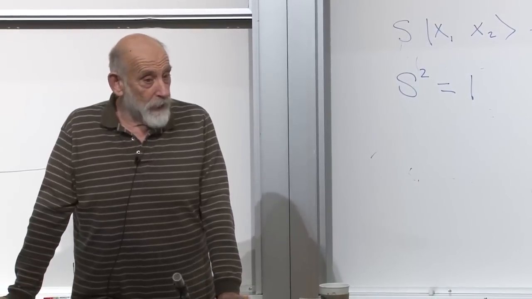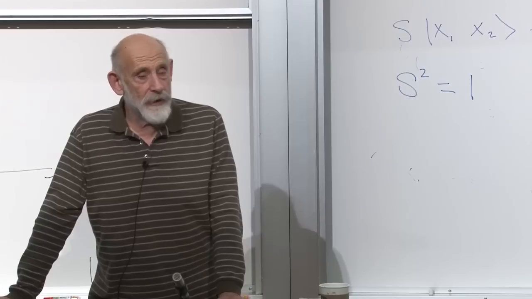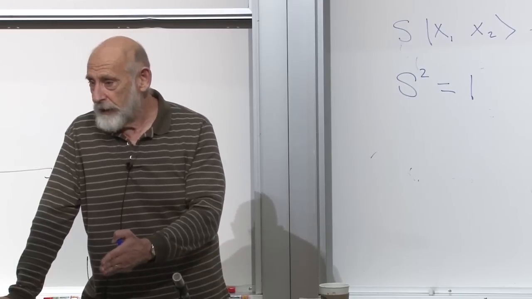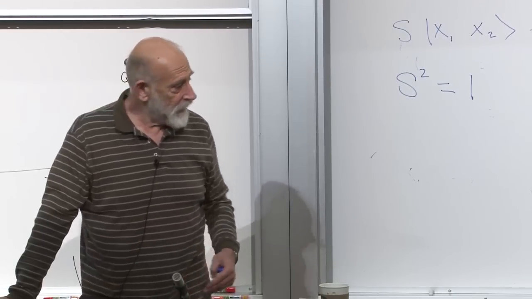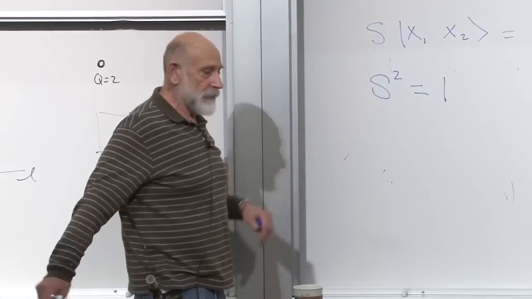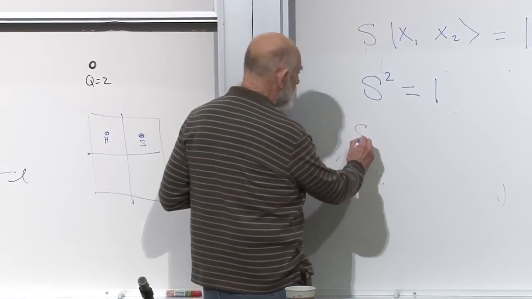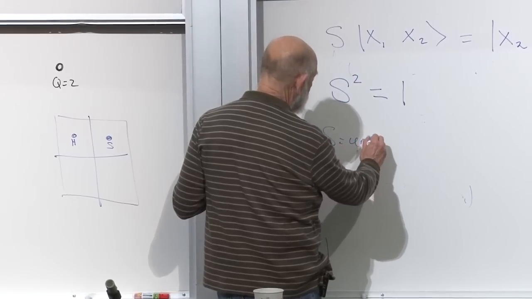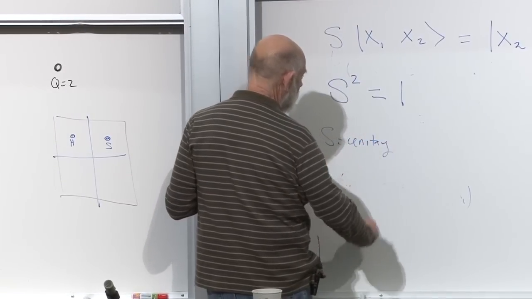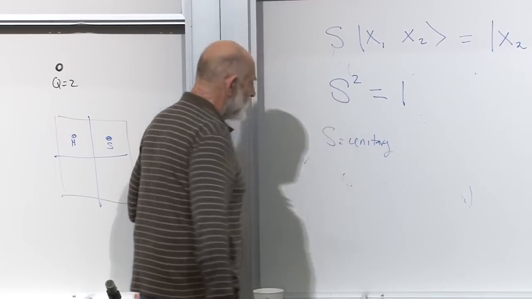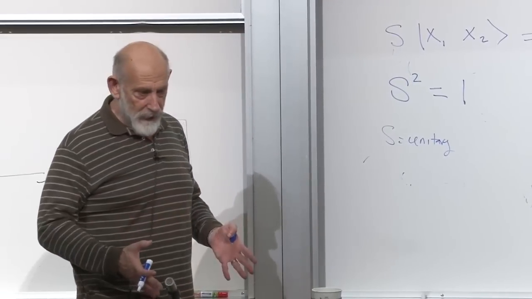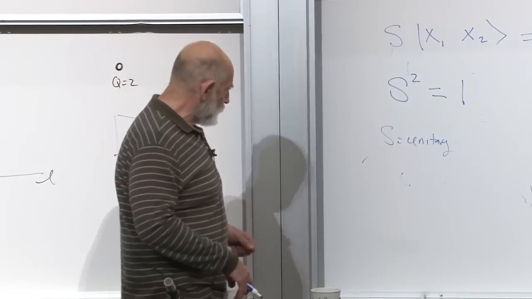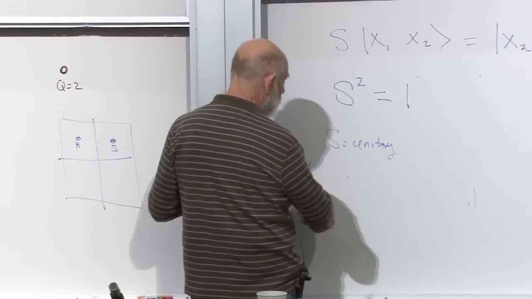It's a unitary operator. Why should it be a unitary operator? Because all transformations on the space of states are unitary. So here's what we know about S. S is unitary. That means it doesn't change probabilities. It doesn't change inner products.